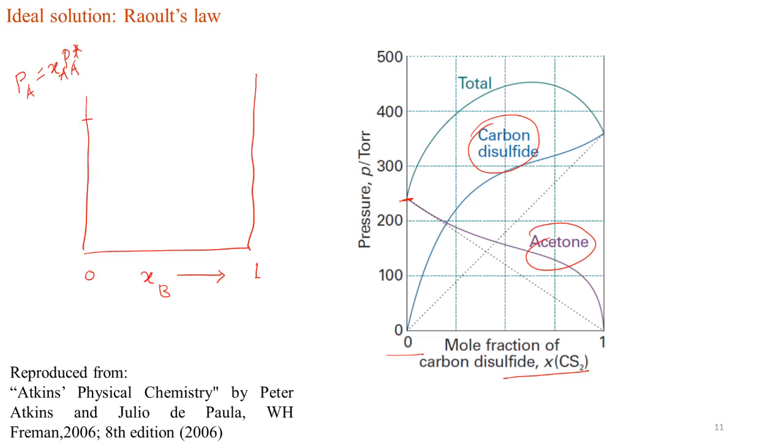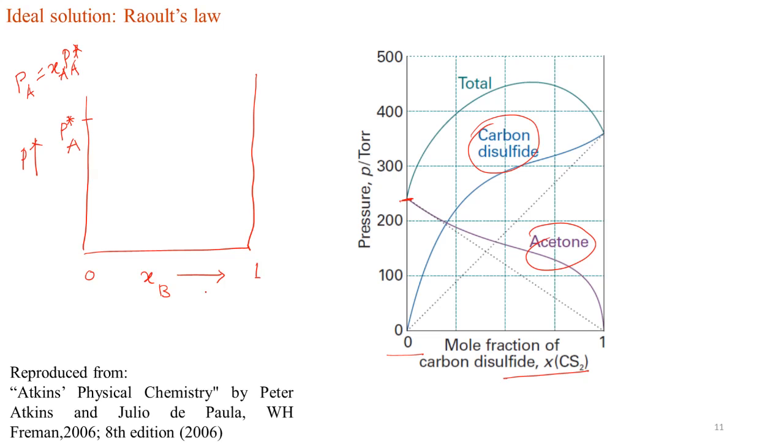When Xb was 0, in a pressure versus Xb plot, the pressure should be equal to Pa star, because when Xb is 0, Xa is 1, so A is in pure form, and the pressure will be just Pa star.